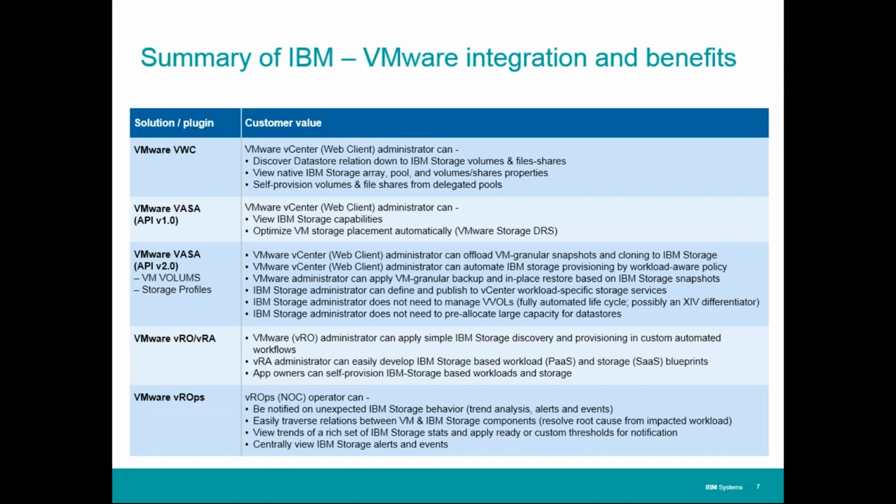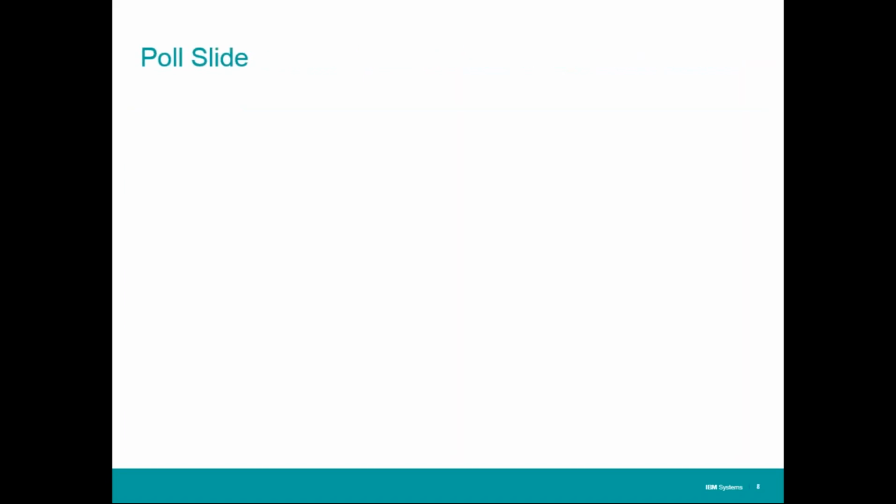And this is a vision that we carry forward. Chandra on the IBM team will go through some of the very specific aspects of the product on the storage side and how they work with VMware. So I will leave it there. I know that there's a poll question, so I'll let Sam and the rest of the team run through that, and IBM go through their piece as well.